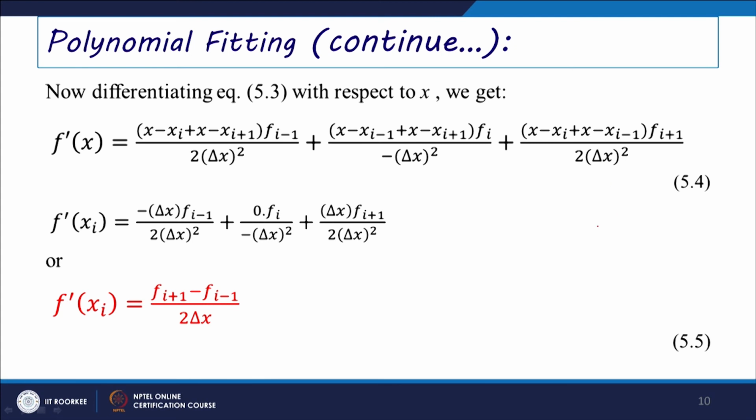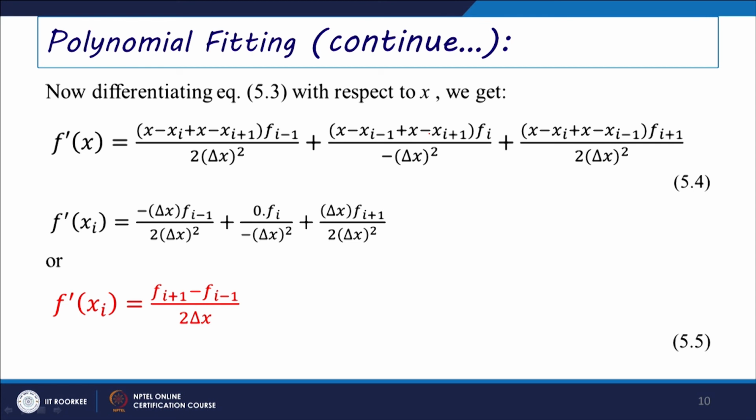Then we can write f dash of xi in this form. Looking at all the terms, the minus signs can cancel out.